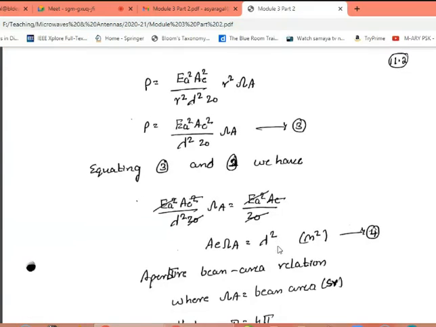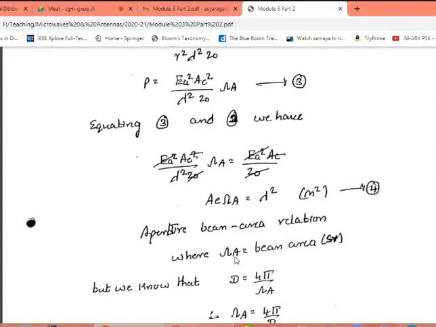If we cancel the common terms, Z naught gets cancelled, E_A squared gets cancelled, and one A_E gets cancelled on the left-hand side. So at the end, the effective aperture into the beam area is equal to lambda squared.